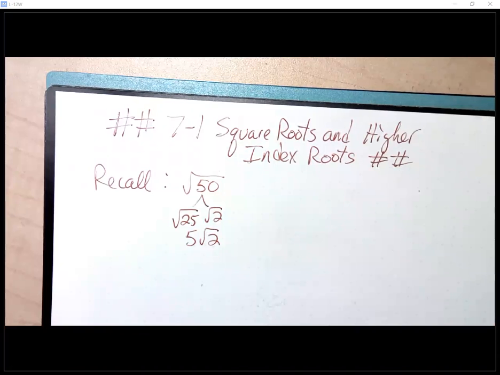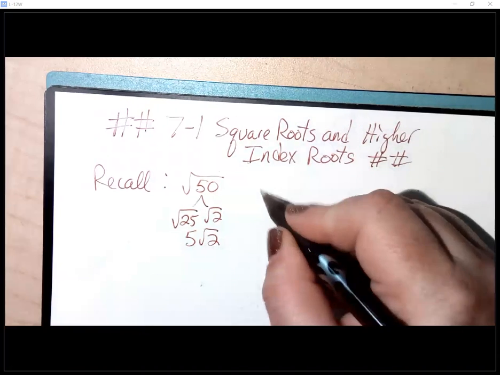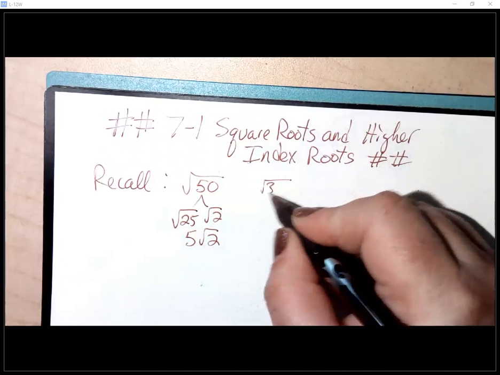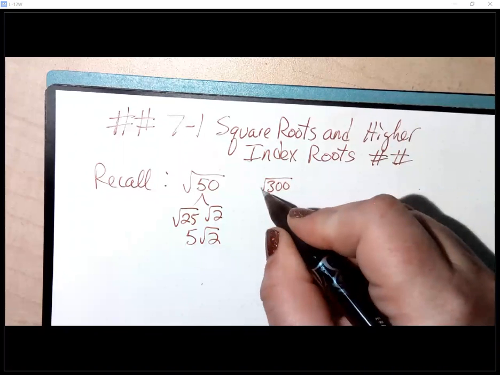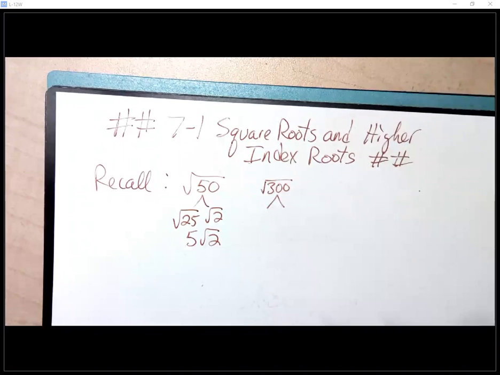So let me give you one to try. Do the square root of 300 for me real quick. Simplify that one. So what's the perfect square that divides into 300? You always want the largest perfect square.